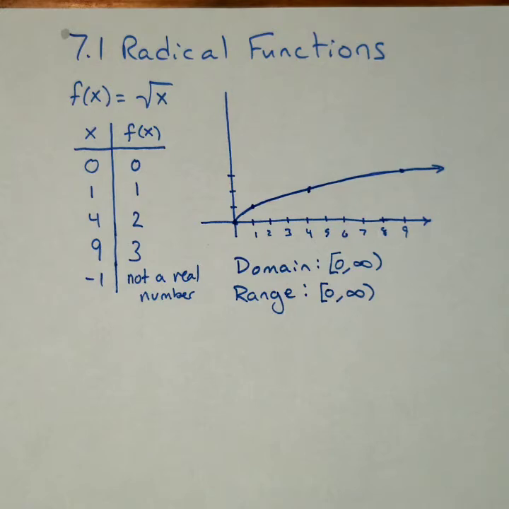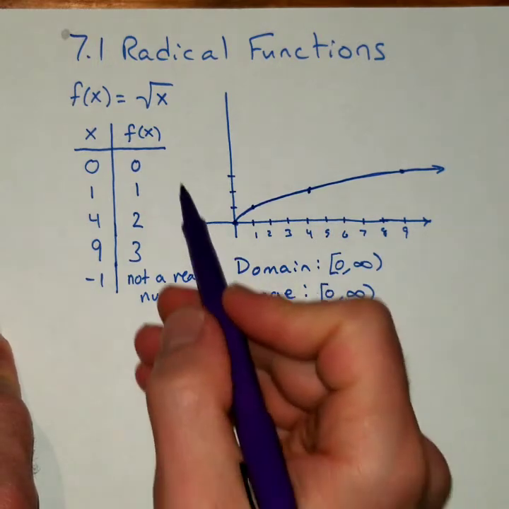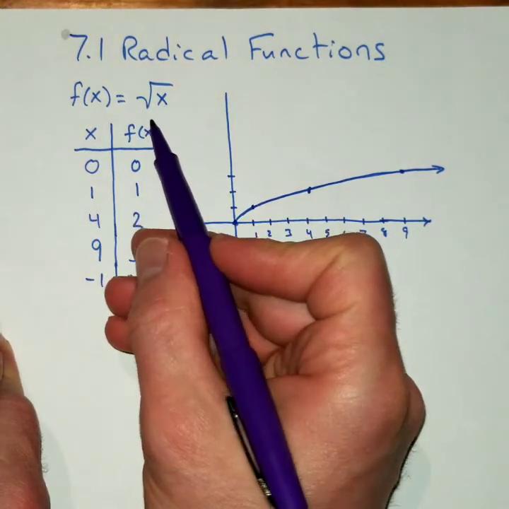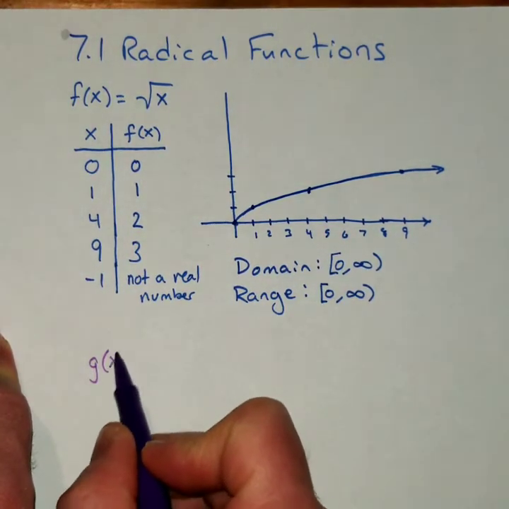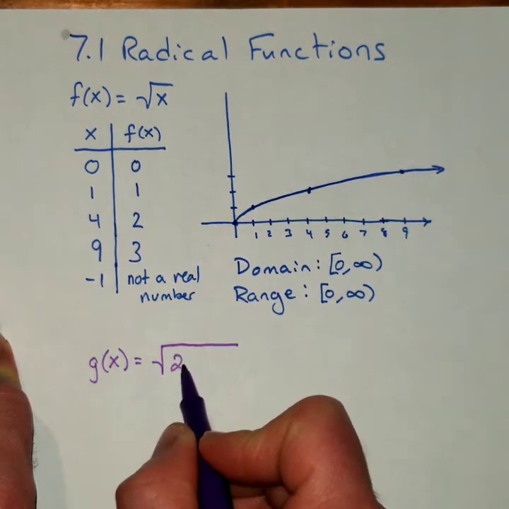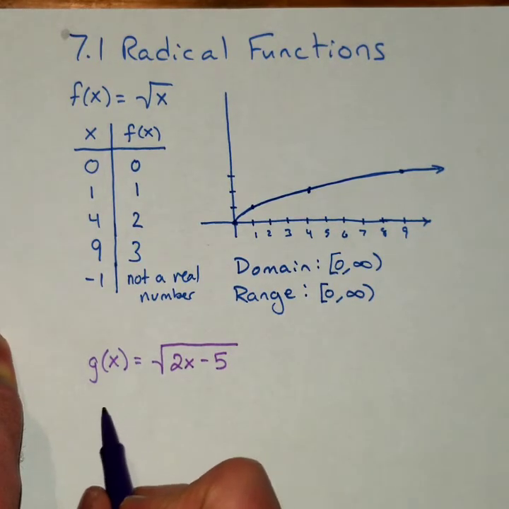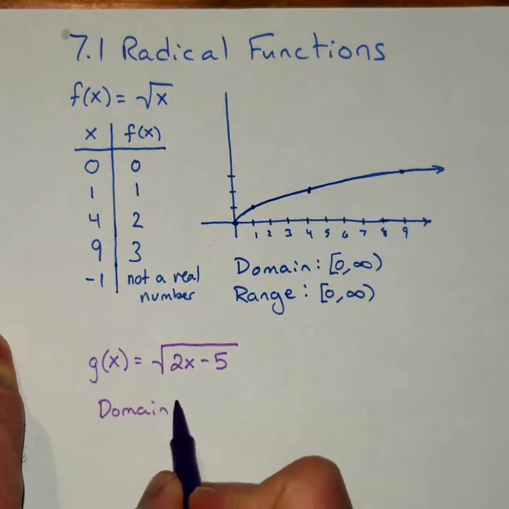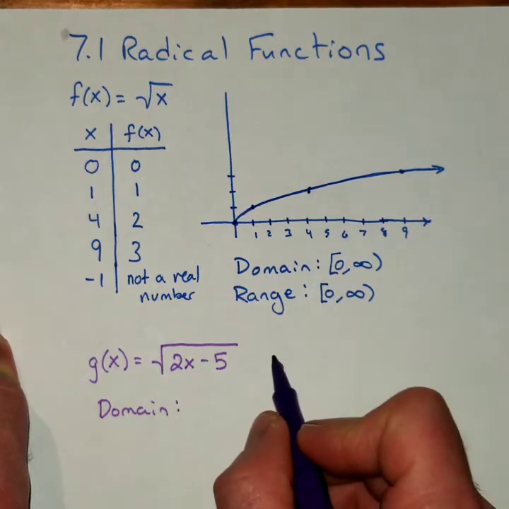Now, for other radical functions, for other square roots in particular, the domain can be found in a similar way. We're just going to make sure that what's under the radical has to be greater than or equal to 0. So if I had a new radical function, let's say the square root of 2x minus 5, and I want to find the domain, well, I know that this stuff under the radical cannot be negative, right?